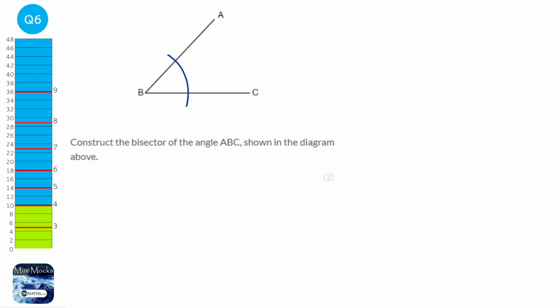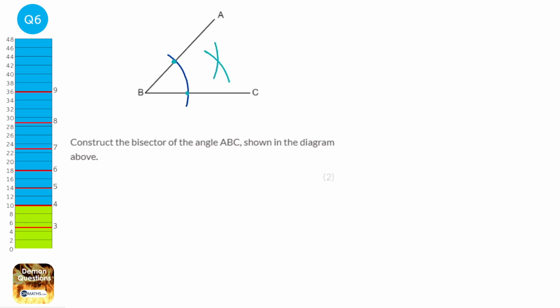And then at the 2 points, so here and here, that our arc intersects line AB and BC, we're going to draw another arc up here. So I'm just going to show you, because it's normally easier. So an arc over here, and an arc from the other one over here.